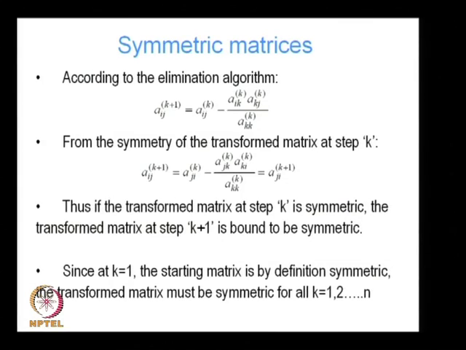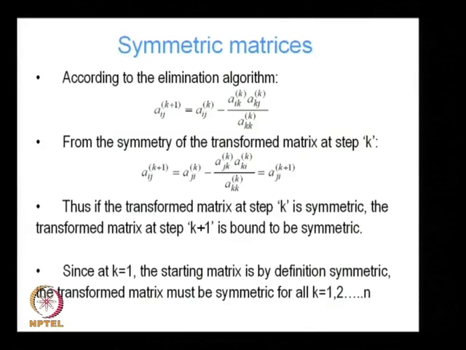So, we replace Aij at k by Aji at k. Similarly, we replace Aik at k by Aki at k and Akj at k by Ajk at k. So, these two expressions are identical for symmetric matrices.